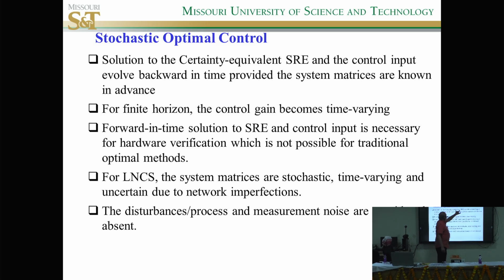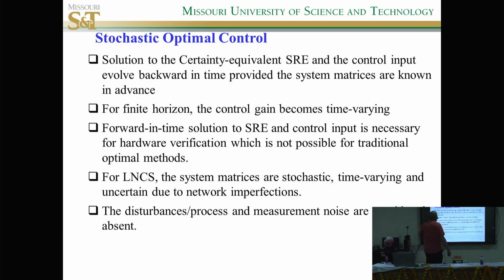The reason for certainty equivalence is that you're assuming there is a process noise, and we assume those terms you don't care about, so it's a certainty equivalent of the stochastic Riccati equation. The control input evolves backwards because I'm not using Q-learning on this. For finite horizon, the control gain becomes time varying. We already saw that, even in the standard case.